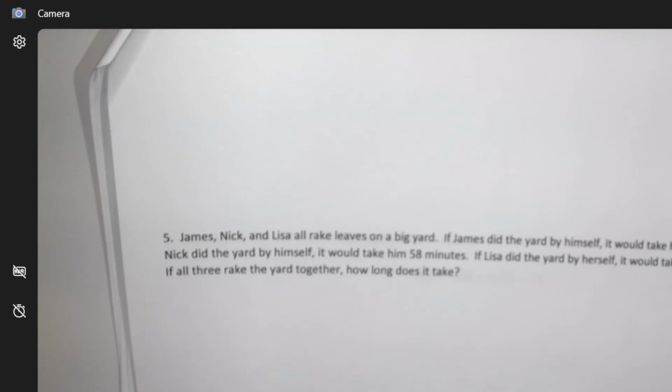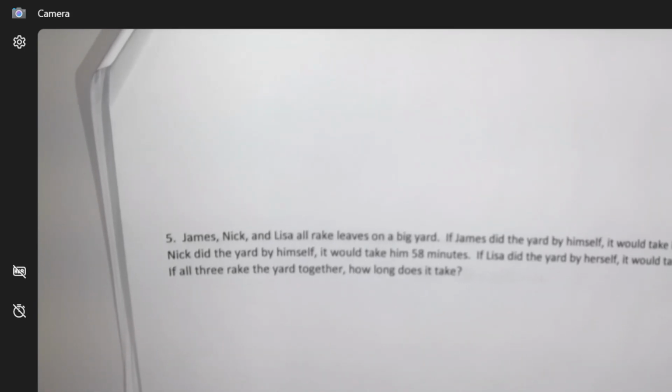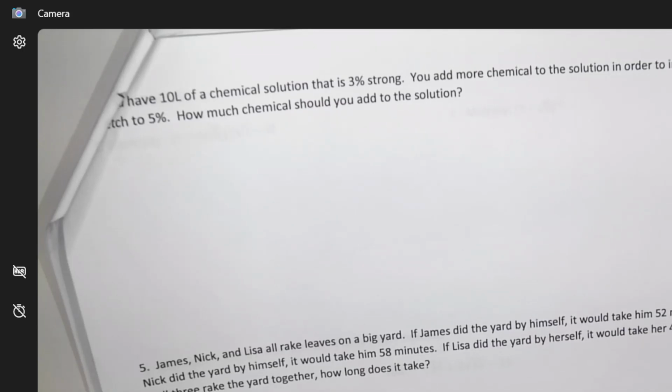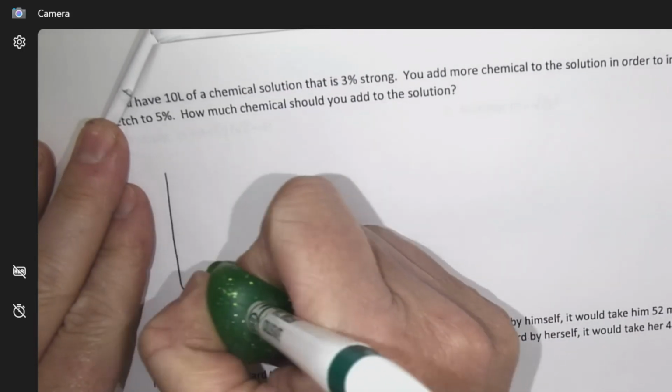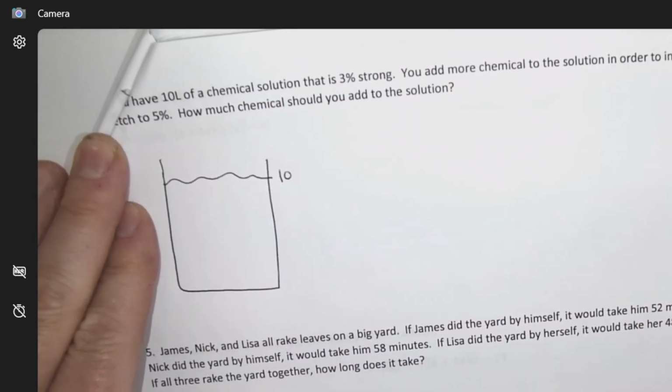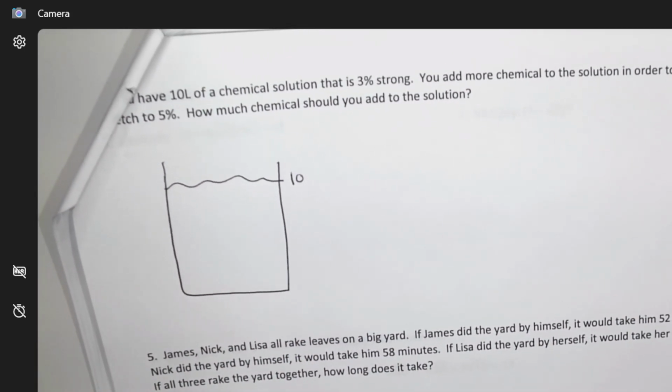Okay, this one is a chemical question. If you have 10 liters right now of a chemical solution, so we have 10 liters and it's a solution.